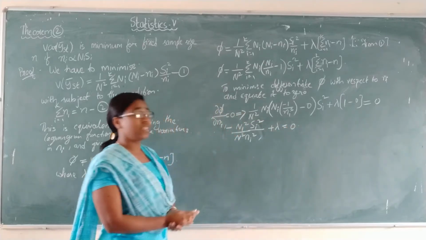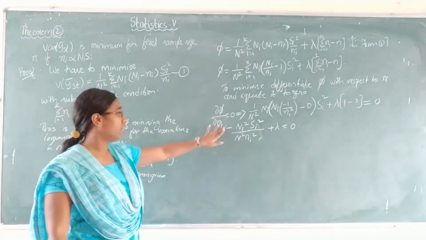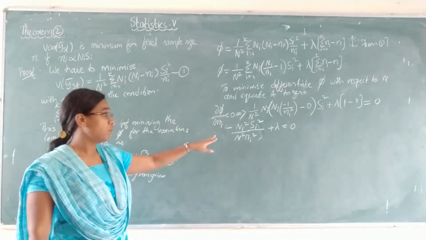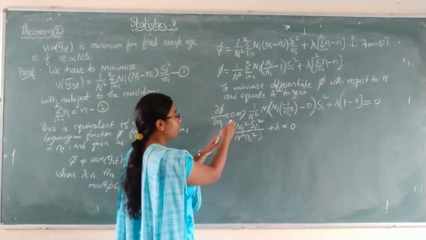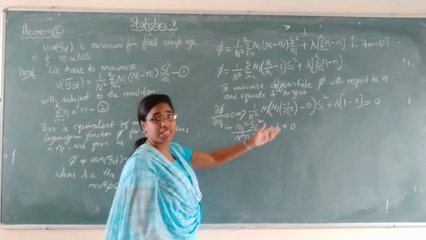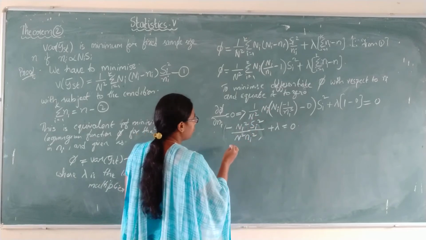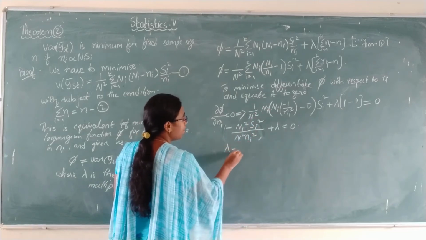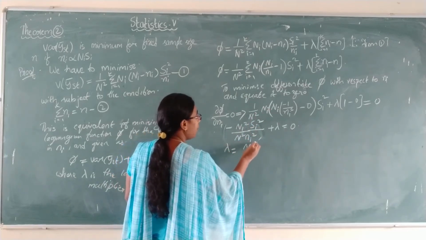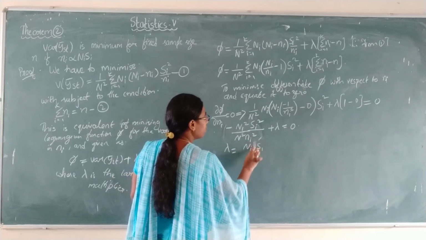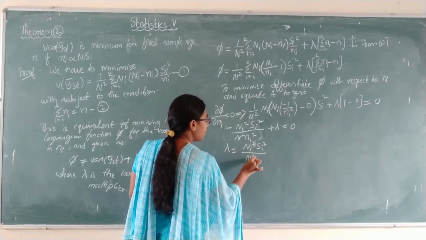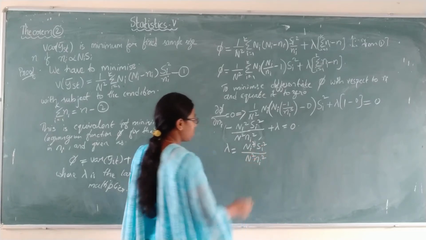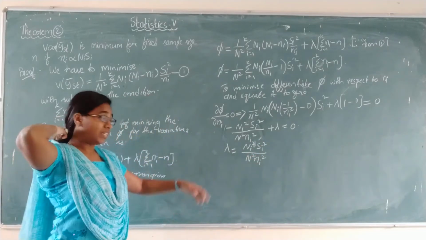So this is the value we got for the first differentiation. Now if you send the negative term to that side, it becomes positive, that is lambda equals capital Ni square into si square by capital N square into small ni square. So this is the first differentiation value.